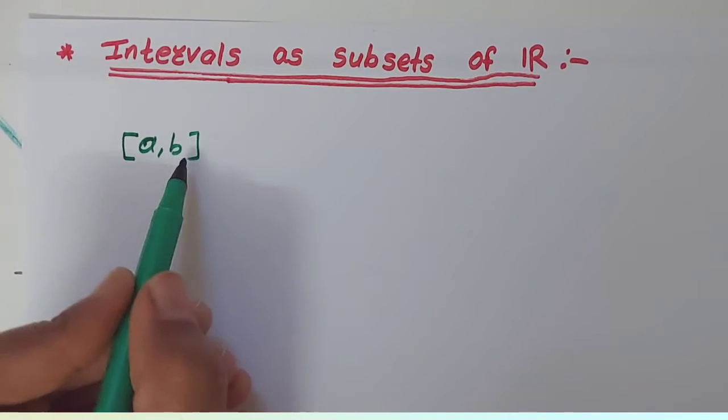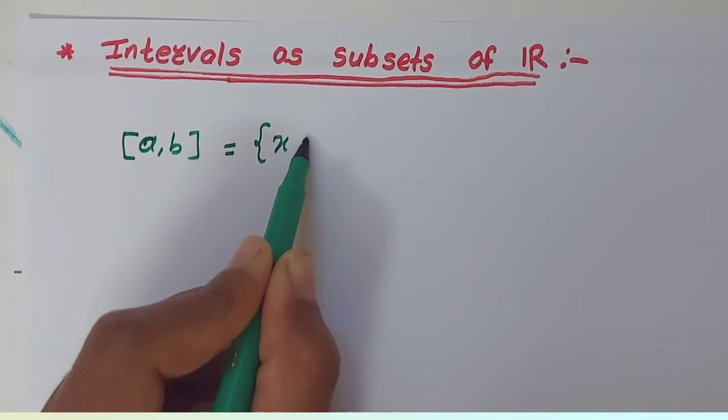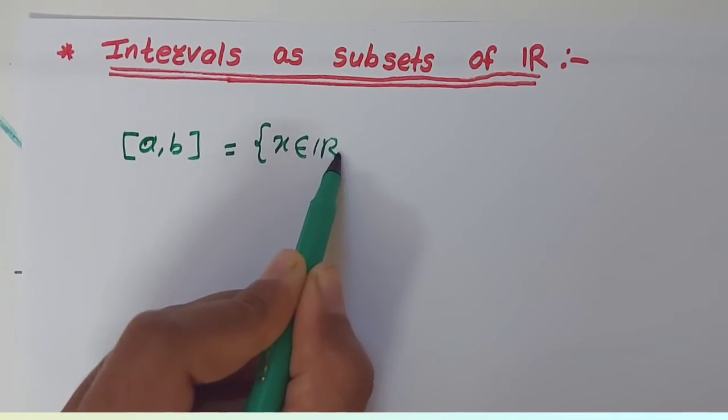Now how to define this closed interval [a, b]? It is nothing but the collection of x, x is a real number. मतलब हम क्या कर रहे हैं?